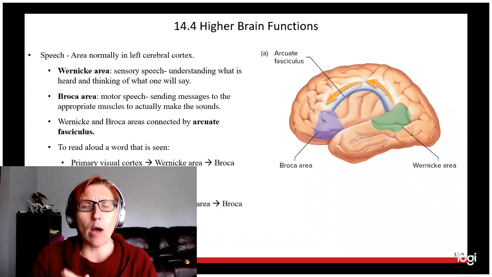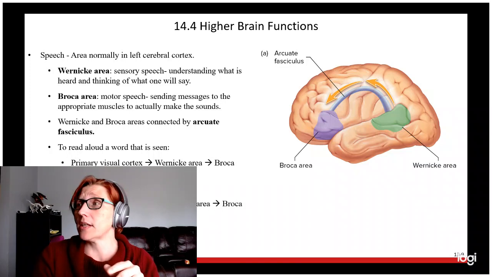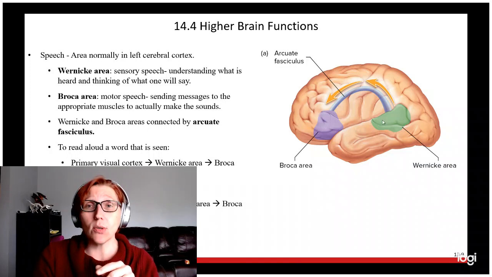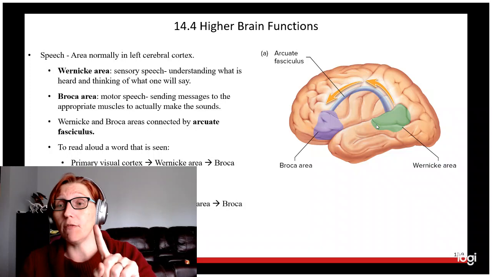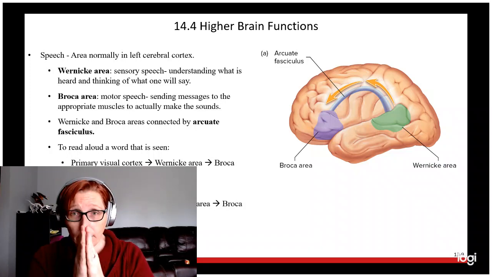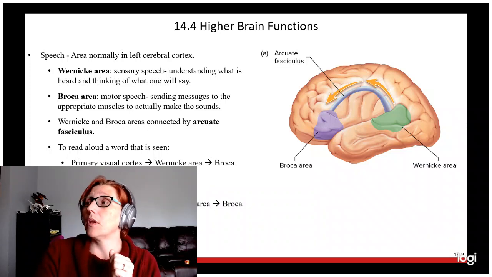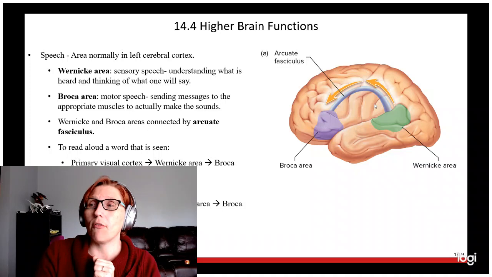And it is how the information travels unidirectionally. So if you notice, the information comes into the Wernicke area, which also conveniently is parallel to about where your ear would be, even though it's on the inside. And then it travels through this arcuate fasciculus.